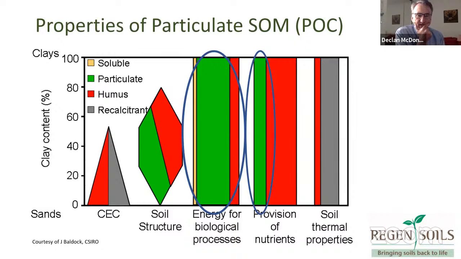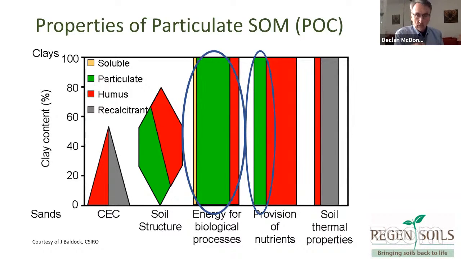The point I wanted to make here was this diagram, and I'm not sure if I've shared this one with you before. It's a little bit confusing, but on the x-axis down the bottom, we've got CEC, soil structure, energy for biological processes, provision of nutrients, and soil thermal properties. So these are all things that organic matter influences.